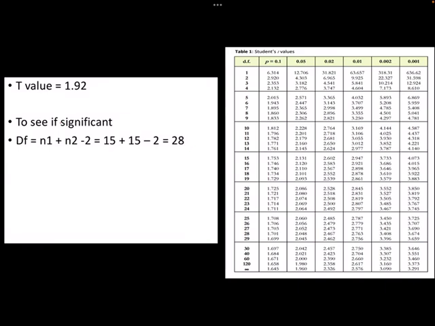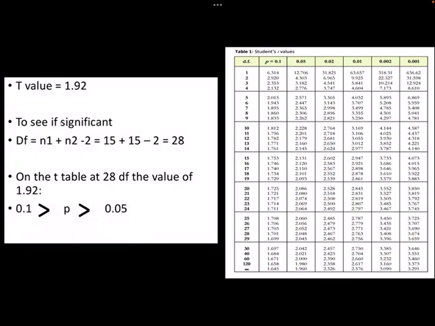So because of that, we can say that the p-value, so 0.1 is greater than p, which is greater than 0.05, as it lies between these two.